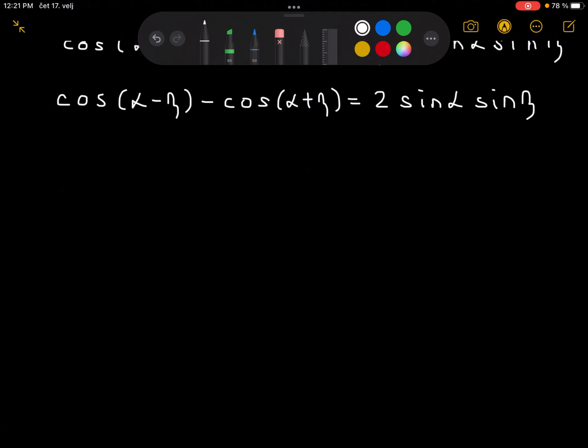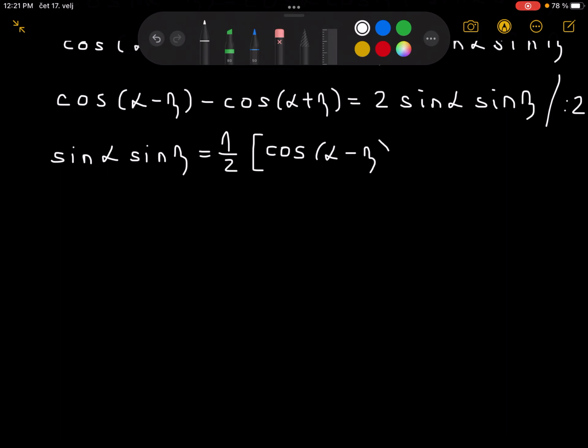So when we divide both sides by 2, we'll get that sine of alpha times sine of beta is equal to 1 over 2 times the cosine of alpha minus beta minus the cosine of alpha plus beta.